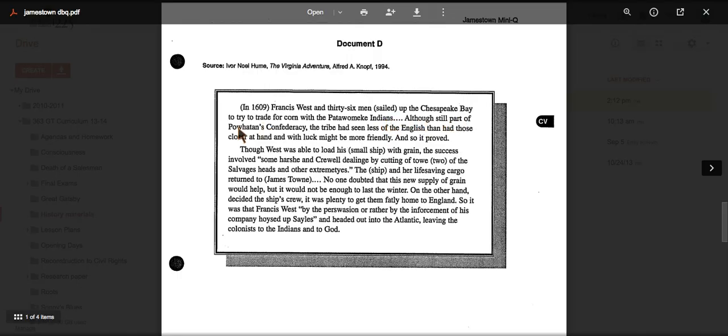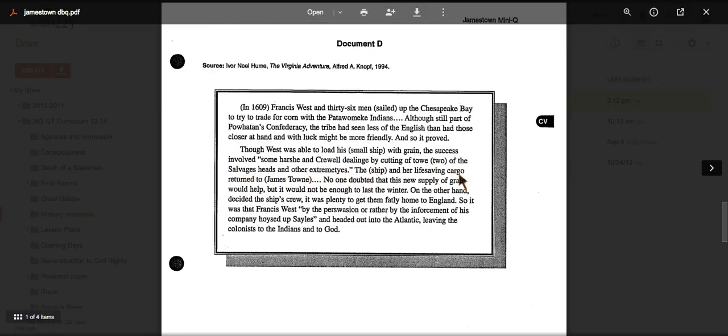Although still a part of Powhatan's confederacy, the tribe had seen less of the English than had those closer at hand, and with luck might be more friendly. And so it proved. Though Francis West was able to load his small ship with grain, the success involved some harsh and cruel dealing, by cutting off two of the savages' heads and other extremities.